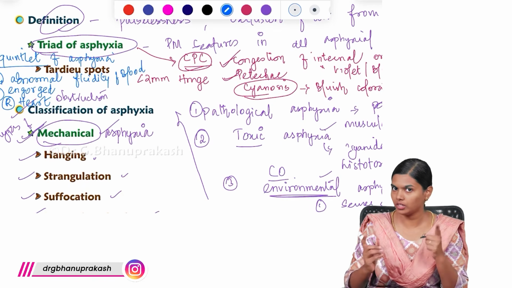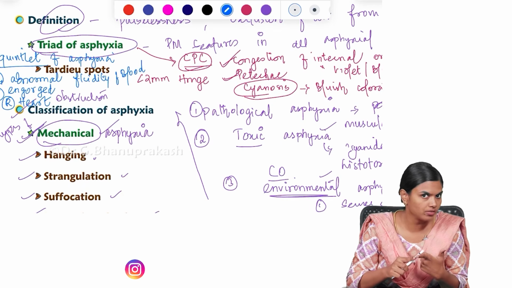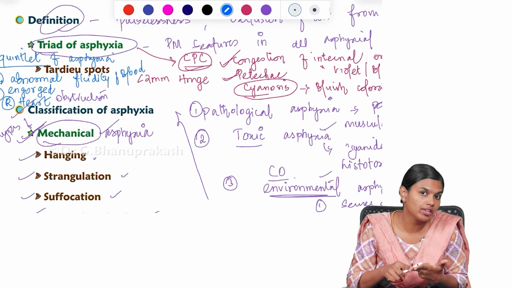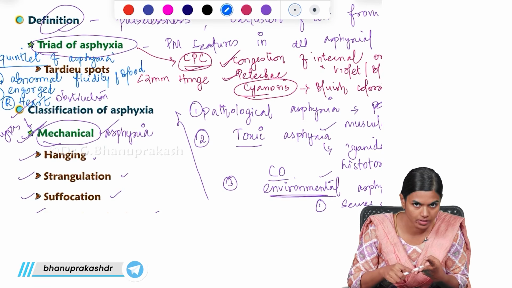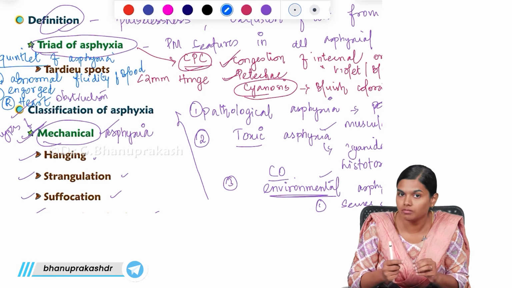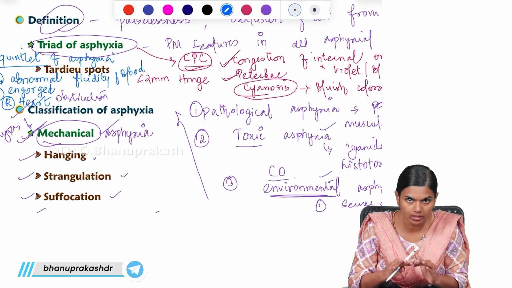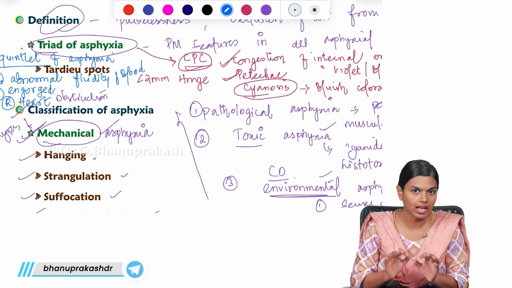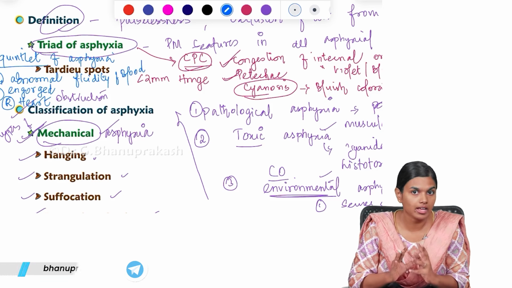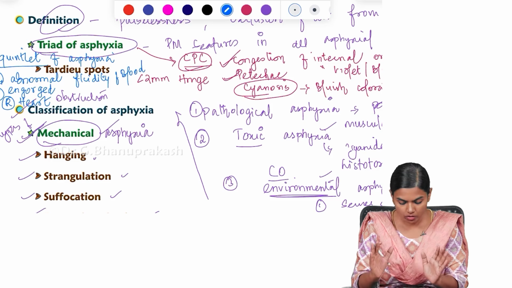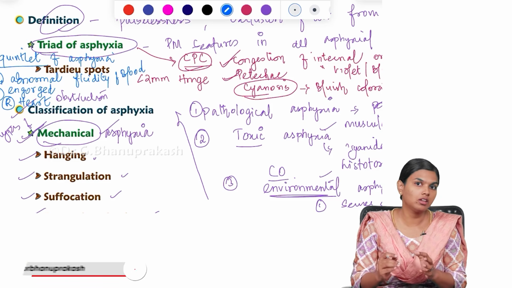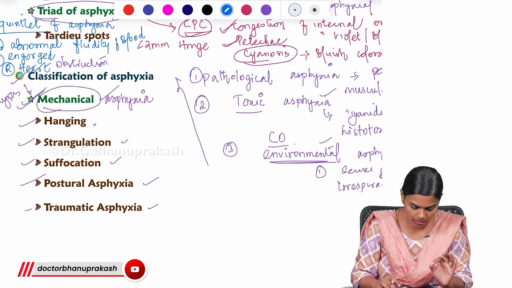Now we have seen the definition of asphyxia, the classification of asphyxia, what mechanical asphyxia is and its types, and the classical triad and the quintet seen in asphyxia. With that, now we are going to see each and every part of asphyxia.